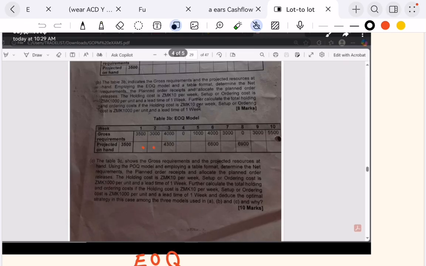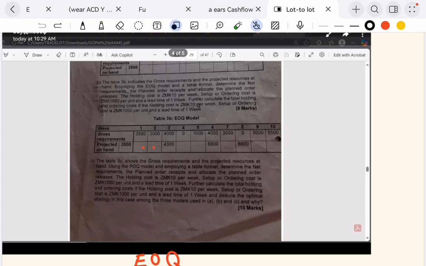So it says the Table 3C shows the gross requirement and the projected resources at hand using the periodic order quantity, the POQ model, and employing the table format. Determine the net requirement, planned order receipt, and allocate the planned order release. The holding cost is 10 per week. The setup ordering cost is 1,000 per unit, and the lead time is 1 week. Further, calculate the total holding and ordering cost.